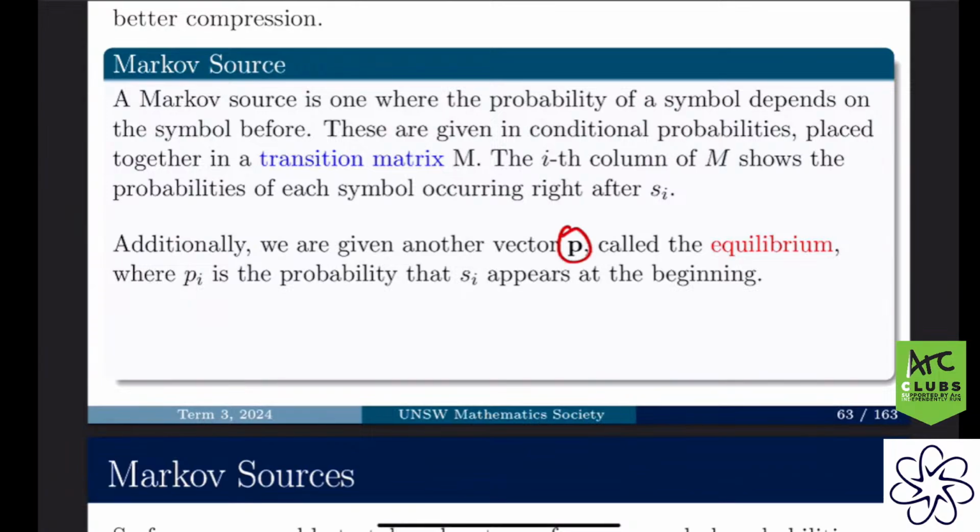So the thing about the equilibrium, and based on past exams this is probably going to show up, is that MP is equal to P, right? So P is an eigenvector with eigenvalue 1.